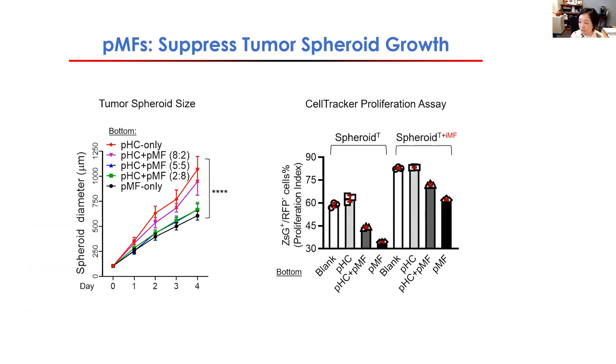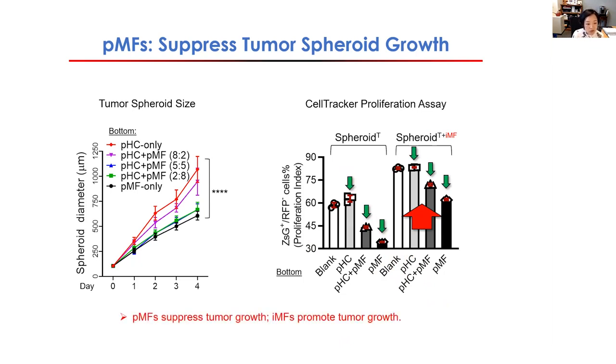And what we are seeing here is that when we have IMFs mixed within the tumor spheroids, then proliferation goes higher. But in both cases, when you have PMFs plated outside, you can see that the tumor proliferation slows down. So the conclusion is PMFs suppress tumor growth, IMFs promote tumor growth.